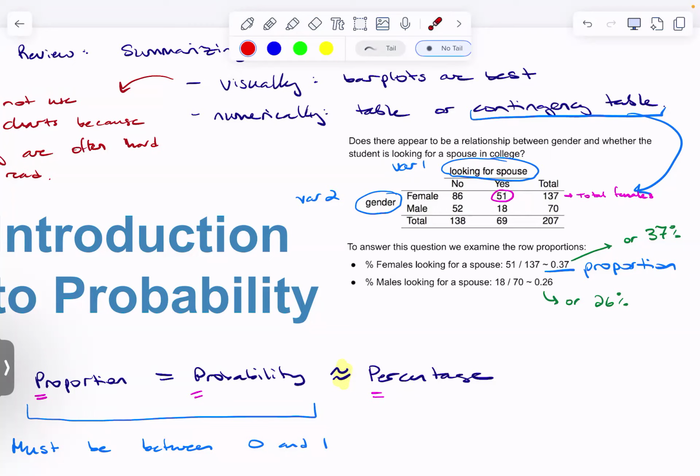But for now, we just trust our gut and say, well, if there was no relationship, I would expect them to be roughly the same, so on average, roughly the same. But because they're so different, I suspect that there is a relationship.